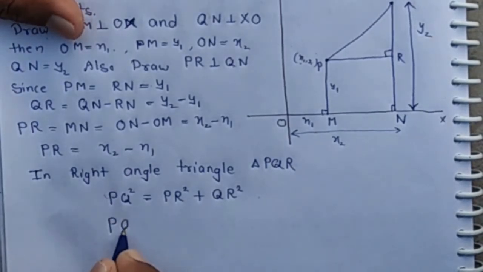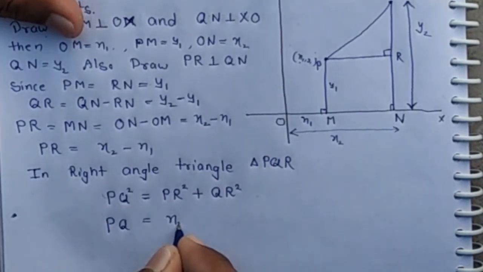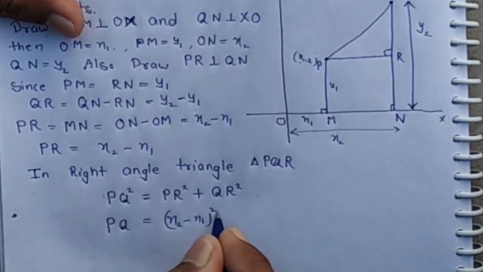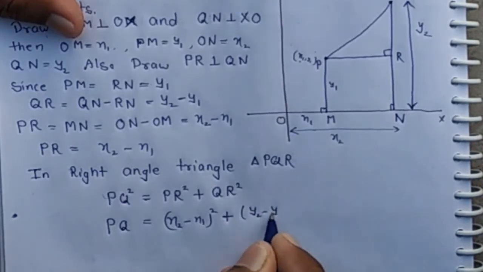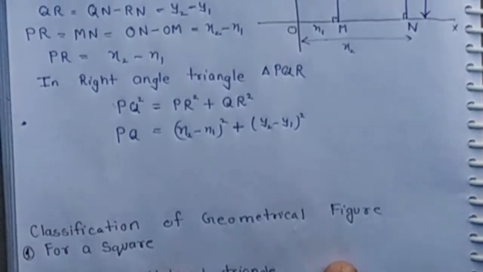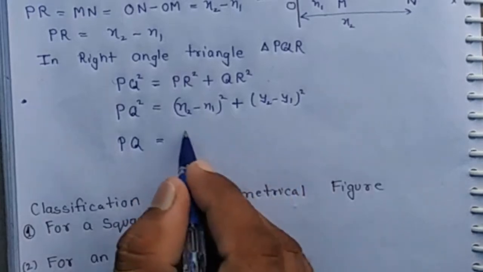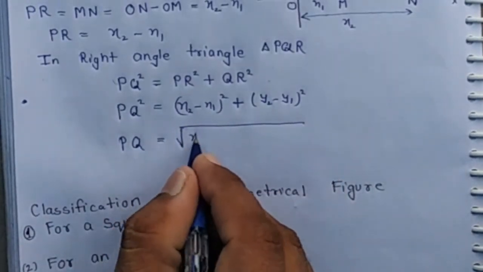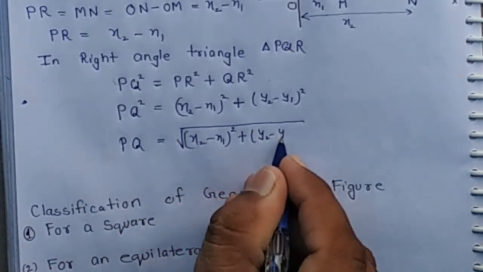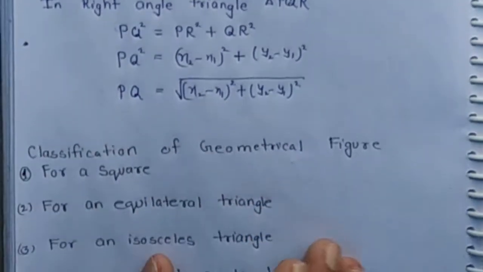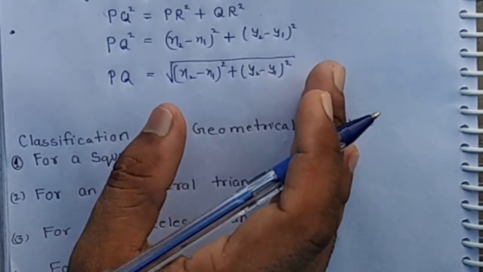Then PQ square is PR equal to (x2 minus x1) whole square plus QR equal to (y2 minus y1) whole square. Then PQ equals the square root of (x2 minus x1) square plus (y2 minus y1) square, and it is the distance between 2 points (x1, y1) and (x2, y2).